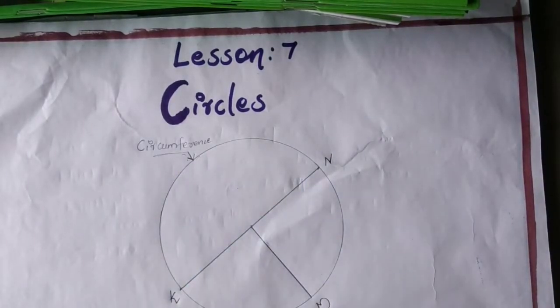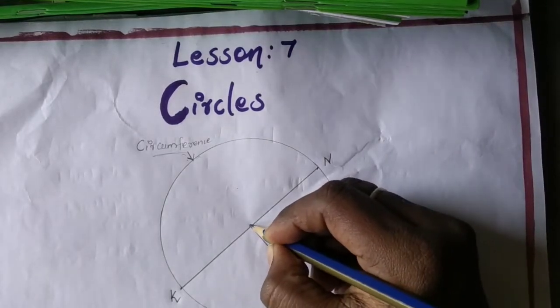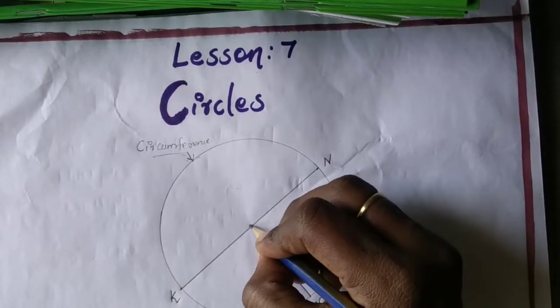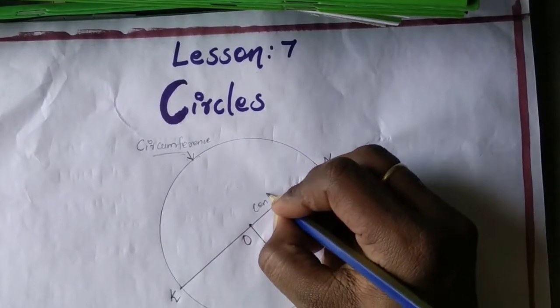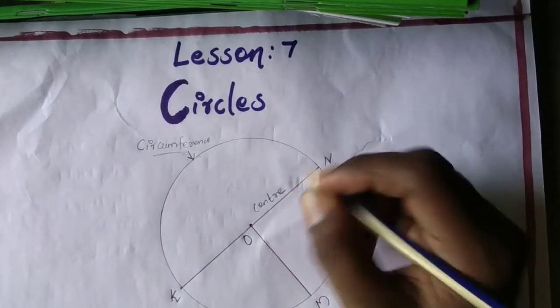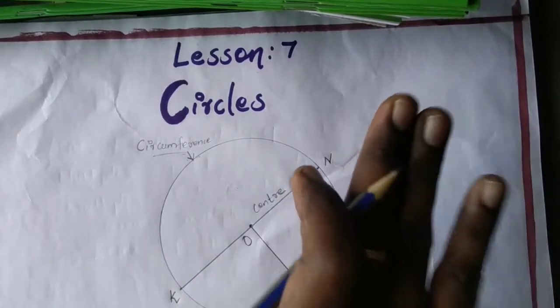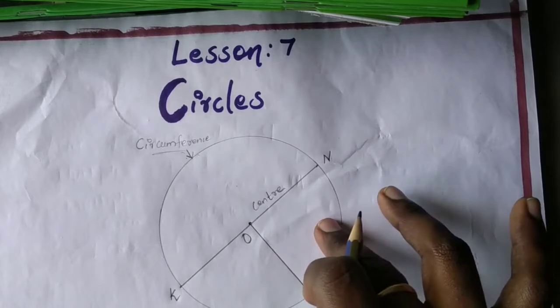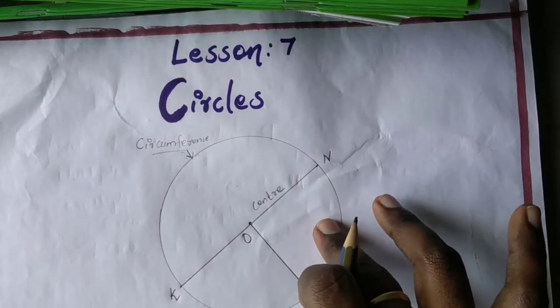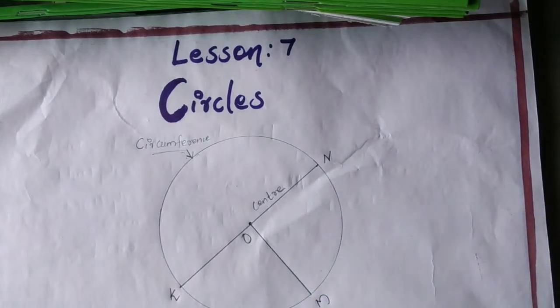Now every circle has a center. Every circle has a center. The center point is O. So every circle has a center. Don't forget this. The distance between the center of the circle and any point on the circle is called the radius.